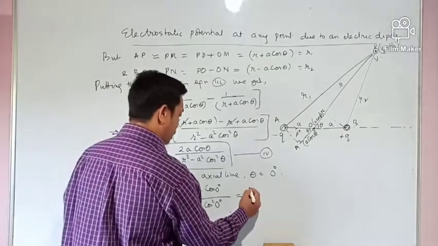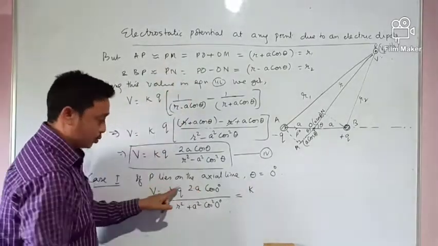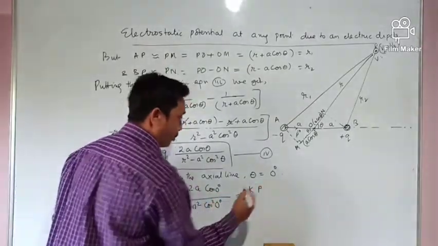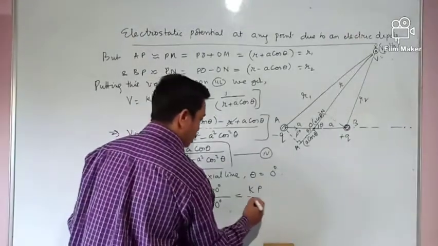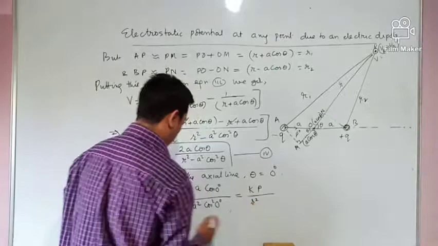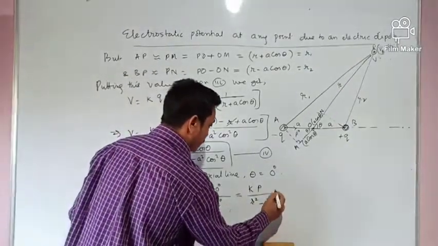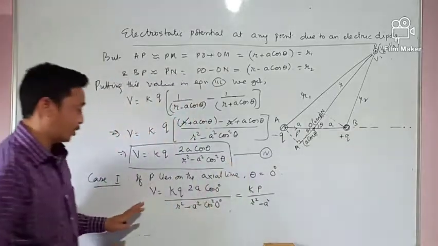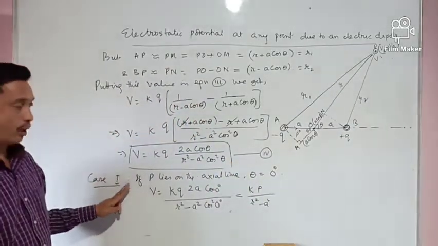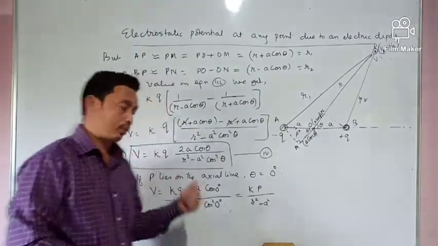We get K Q into 2A, where Q into 2A is the dipole moment P, and cos 0 is 1, divided by R square minus A square. So this is the formula for the electric potential at any point on the axial line of the dipole.